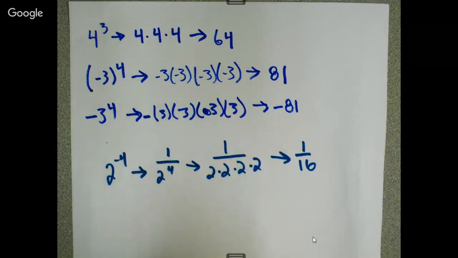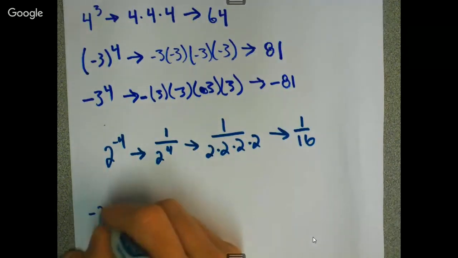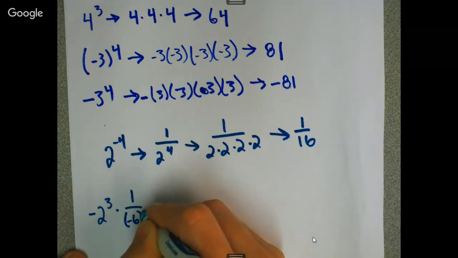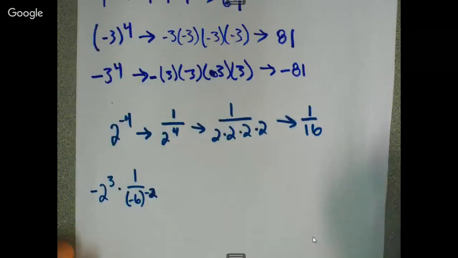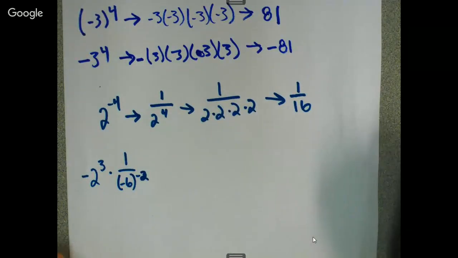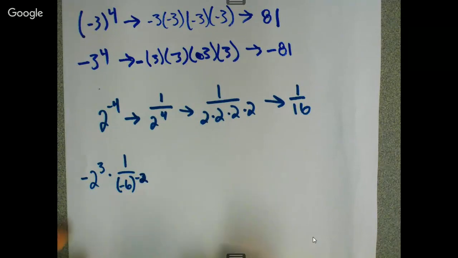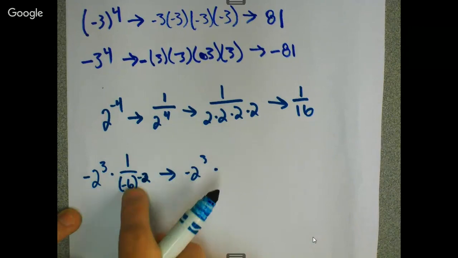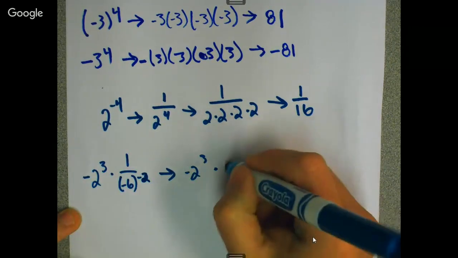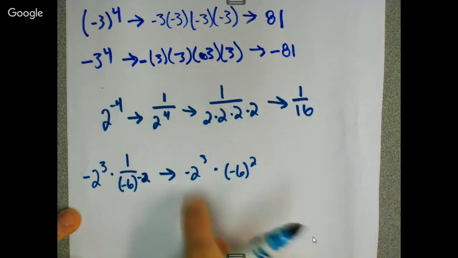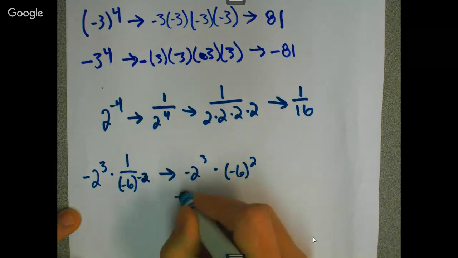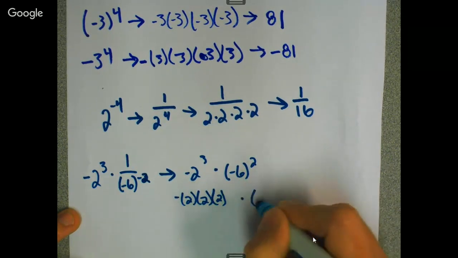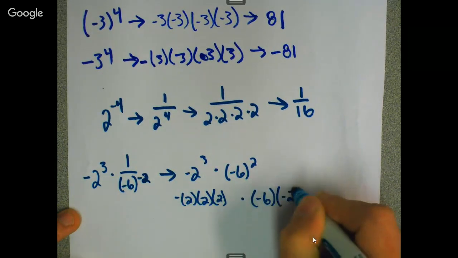We can do it a little bit backwards if I give you a little harder problem, a little more complicated. First I'm going to get rid of this negative exponent, so this will be -2 to the 3rd still, times, if I take this whole thing and move it to the top, -6 squared. In -2 to the 3rd, only the 2 is appearing 3 times, and the -6 is appearing twice.